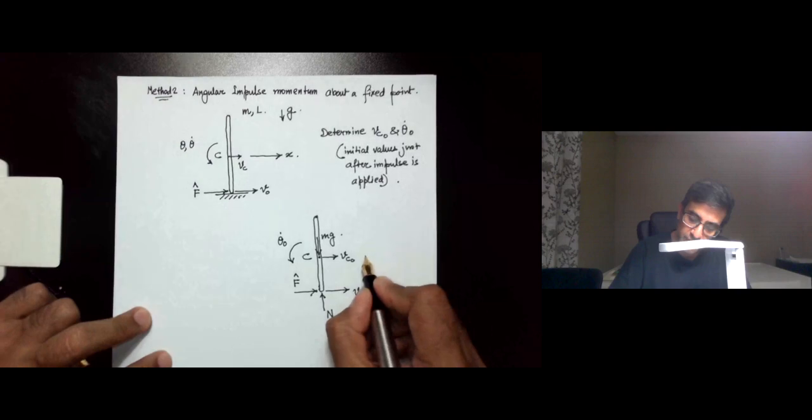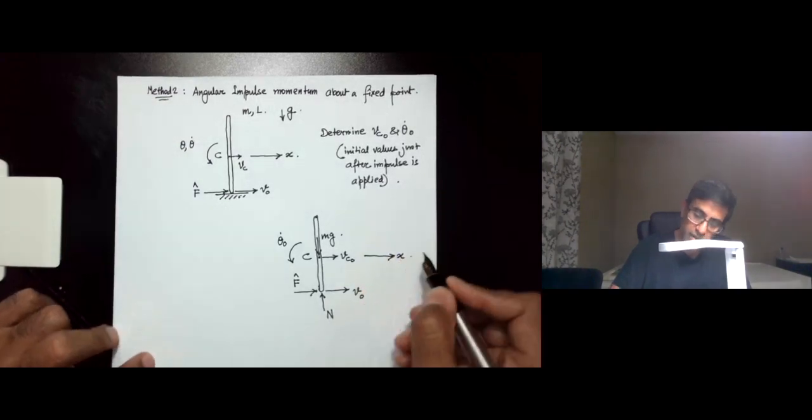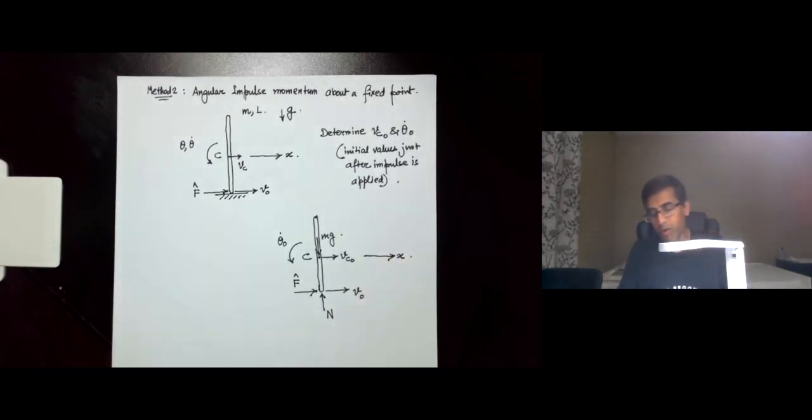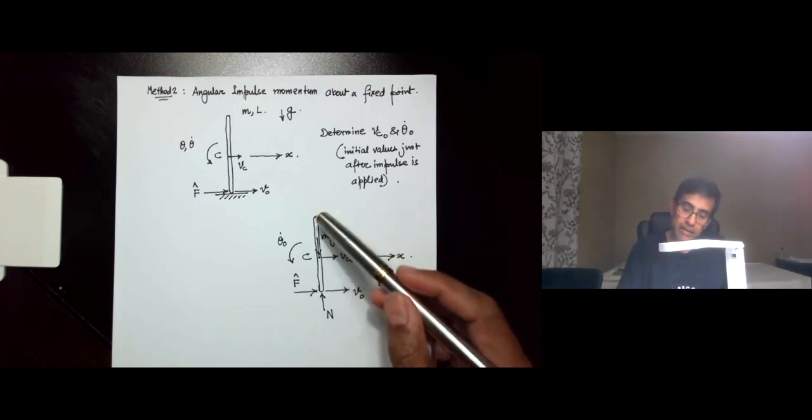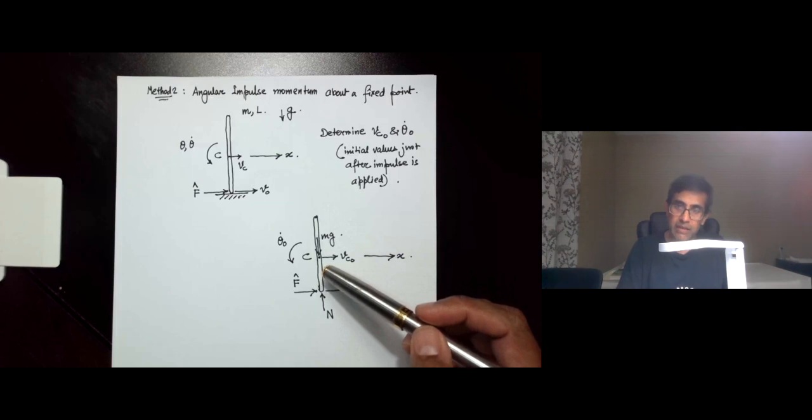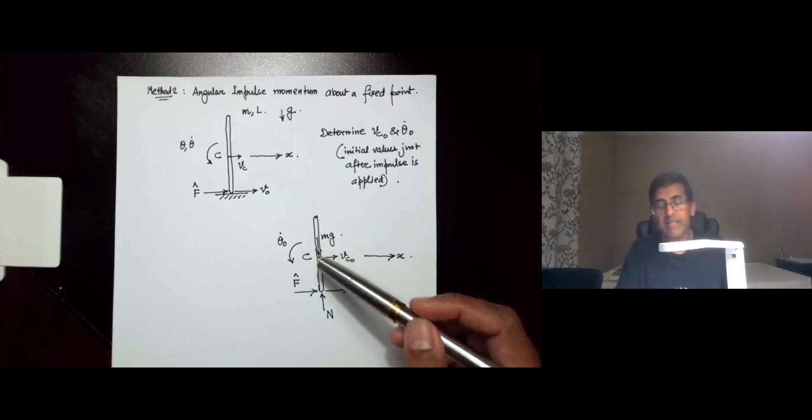Now, this is our x direction. So note that at the instant when the impulse is applied, the bar does not get a velocity in the y direction.